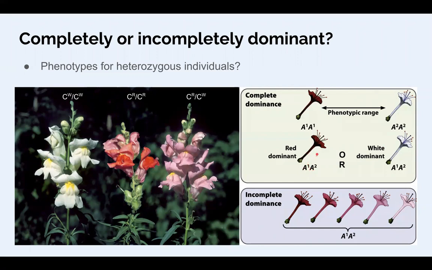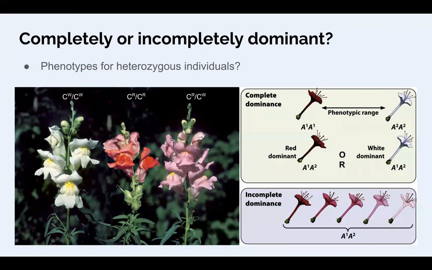Maybe it's easier to think about the red pigmentation being dominant. So having at least one copy of A1, whether you're heterozygous or homozygous, gives you the full red phenotype. And the other one over here shows that it could be possible that the white allele, the A2 allele that causes the white petals, also could be dominant in a different scenario.